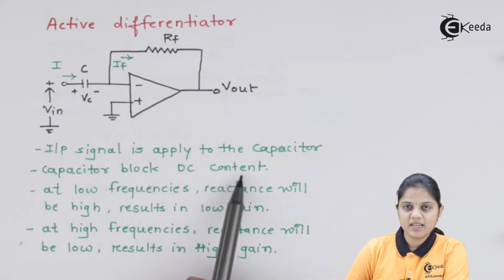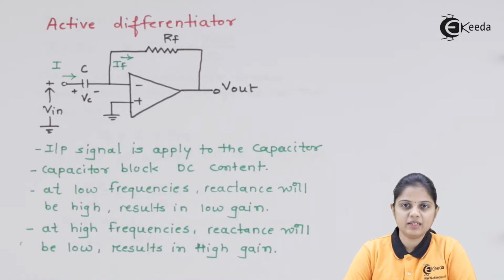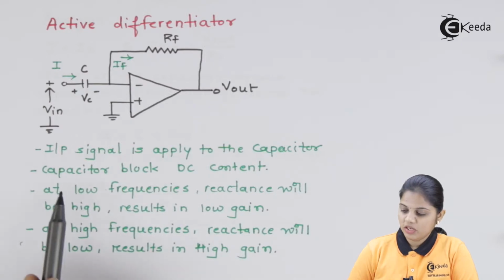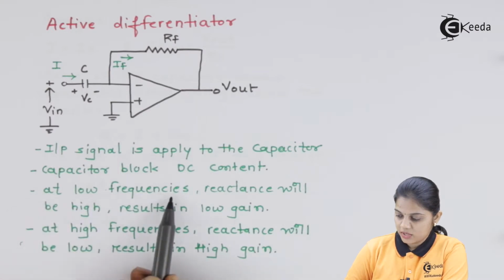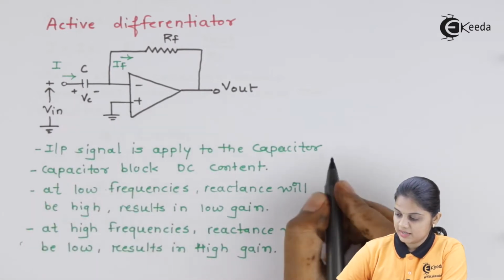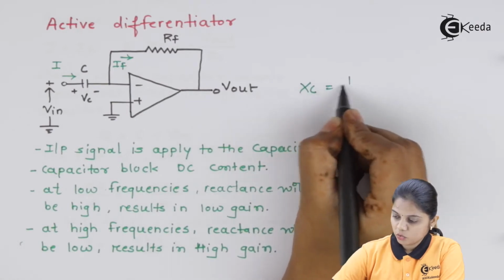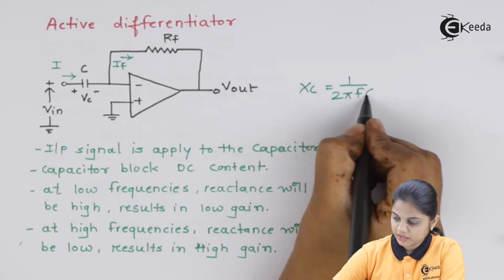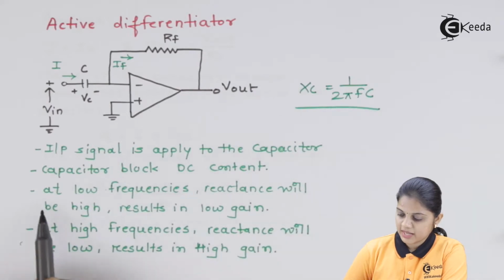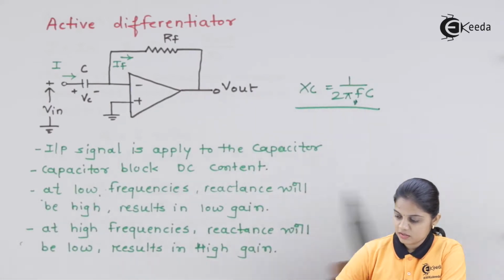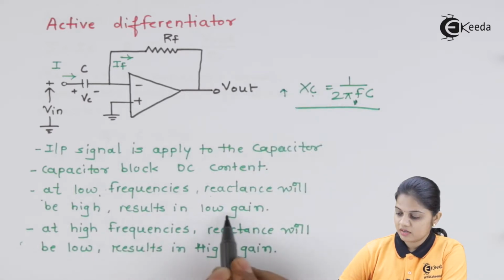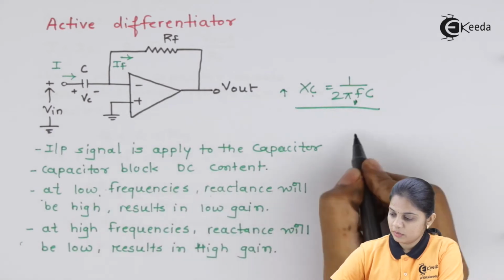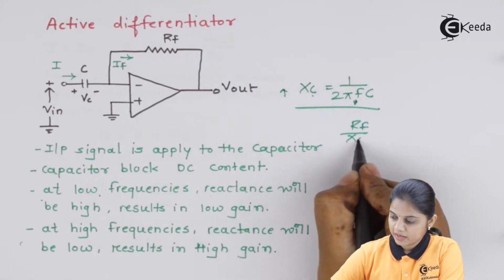Capacitor blocks DC content, so there will be no processing of DC content because the capacitor is connected at the input side. It will only work for AC input voltage. For AC input voltage at low frequencies, the reactance of this capacitor, that is Xc, is equal to 1 by 2 pi fC. From this formula, if the frequency is low, the reactance Xc will be high, and it will result in low gain because the gain is Rf divided by Xc.